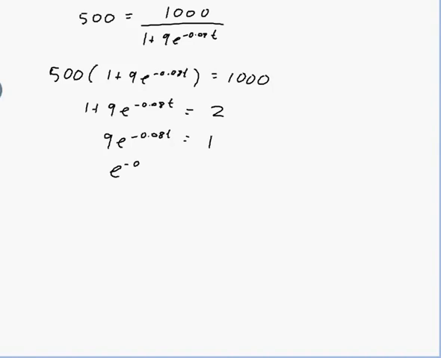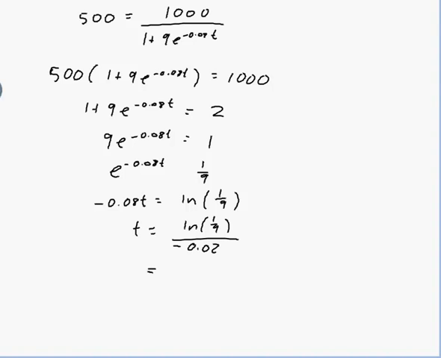So e^(−0.08t) = 1/9. So if we do logs of both sides, we'll get −0.08t = ln(1/9). And so t = ln(1/9)/(−0.08), which is approximately equal to 27.5.